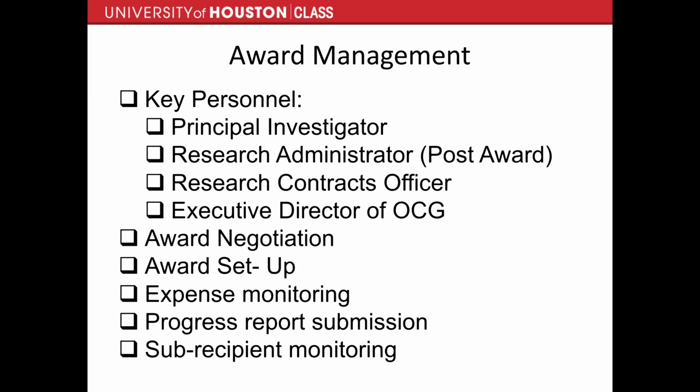I know they're not listed as key personnel, but your DBA is actually one of the key personnel in the award management phase, because they are the ones that are charging the expenses to the grant, and ensuring compliance with UH policies and standards.